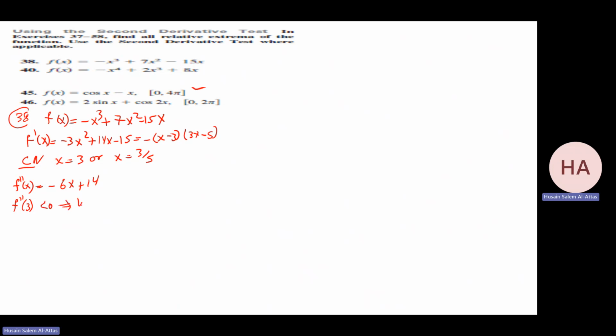So you have a local max at x equals 3. f double prime of 3/5 will be minus 18/5 plus 14. For sure it's less than 14, so that will be positive. So you have a local min at x equals 3/5.